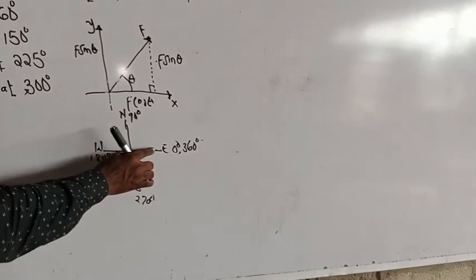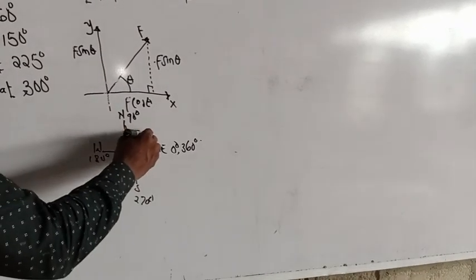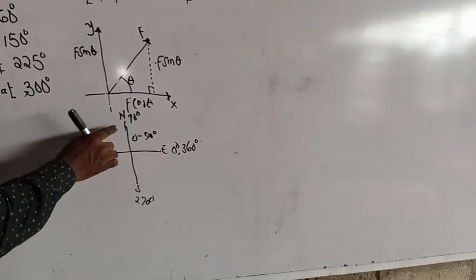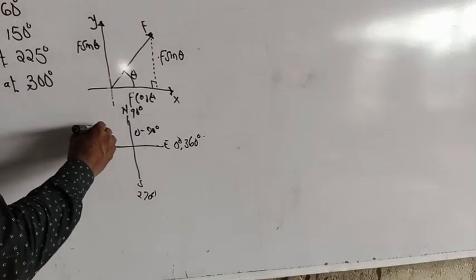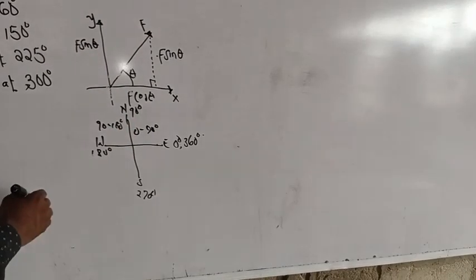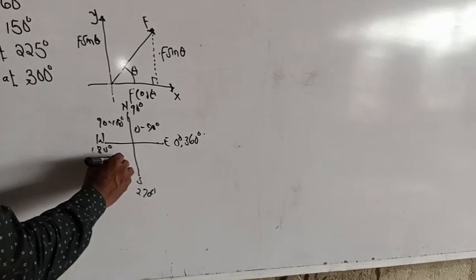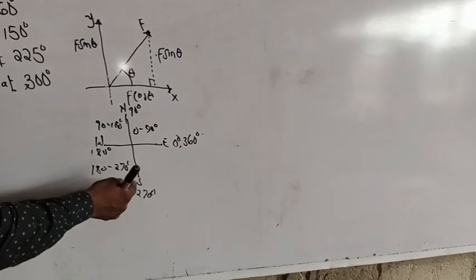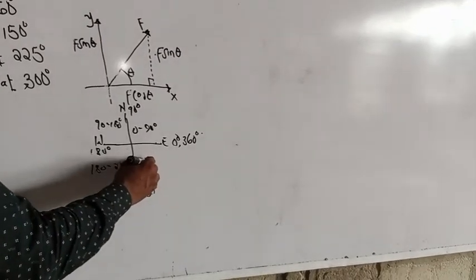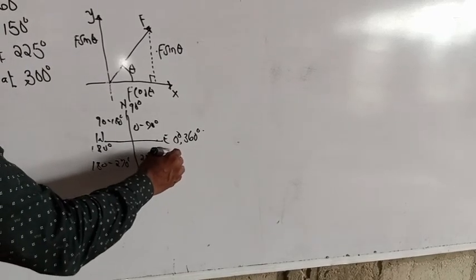So the angle between the east and north is 0 to 90 degrees. The angle between north and west is 90 to 180 degrees. The angle between west and south is 180 to 270 degrees. Then from south to east is 270 degrees to 360 degrees.